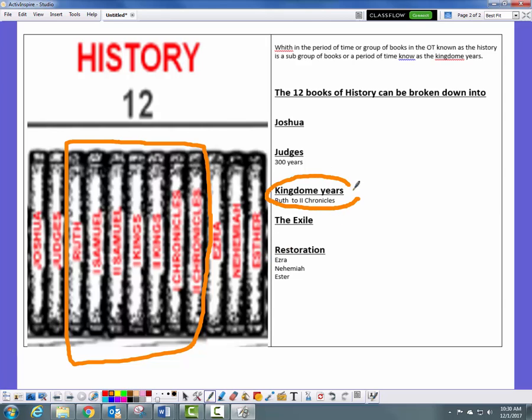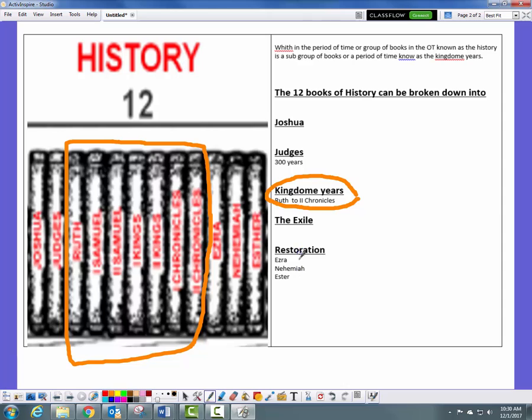Now there's a time of exile where Israel is in captivity for 70 years in Babylon, and they're not in their homeland at all. That period of time is actually recorded in the book of Daniel and in Ezekiel. It's not actually in this portion of books.